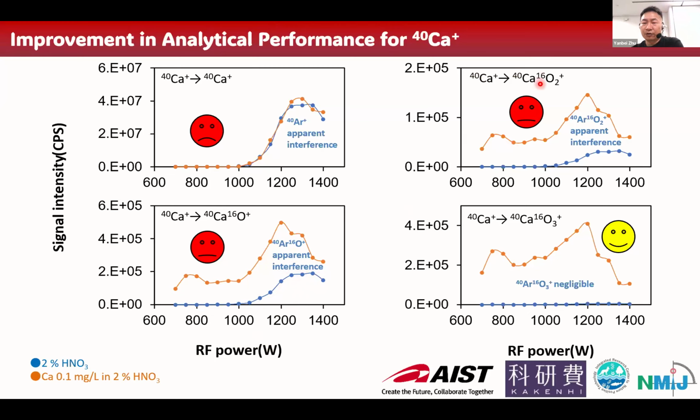For calcium to calcium dioxide ion, it is a little bit similar to the monoxide, but when we measured it as calcium to calcium trioxide ion, we get much improved performance for the signal of the standard relative to that of the blank.